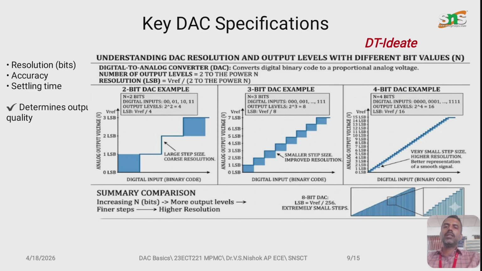Accuracy is whether the obtained output is accurate to the original signal. And settling time is the time taken to convert the digital value into the equivalent analog value. These are the measurements that represent the performance of the D2A converter.